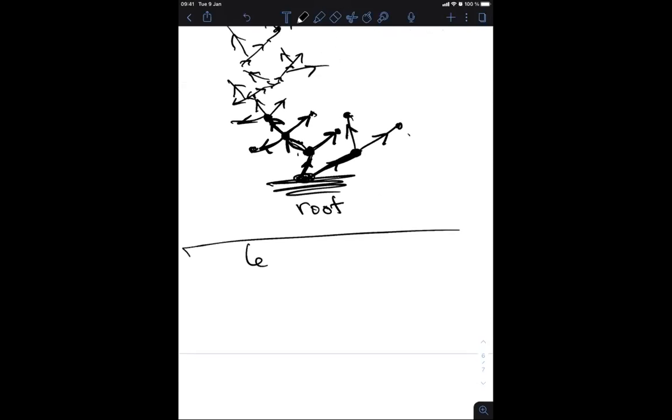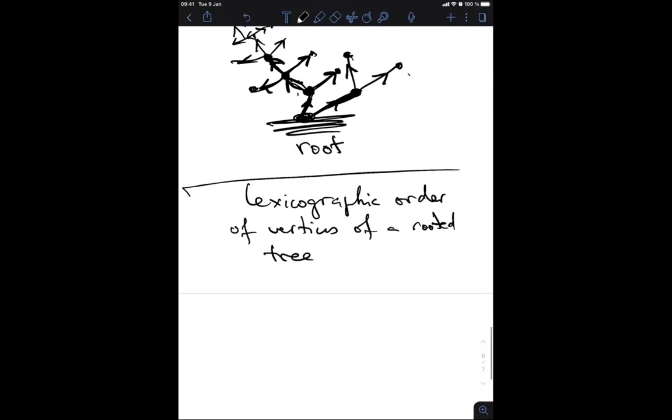Lexicographic order of vertices of a rooted tree. So once again, if we have a rooted tree, say this guy is a root. Now we have vertices of level 1.